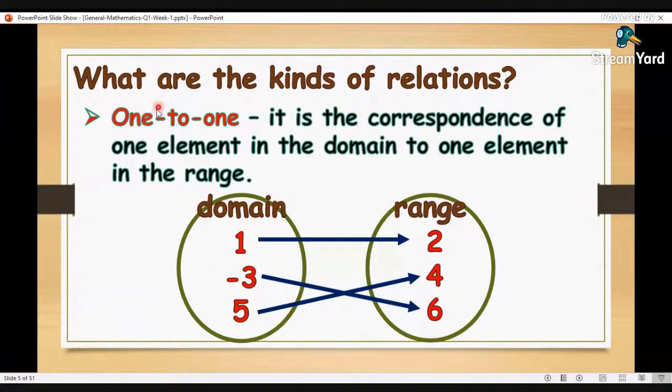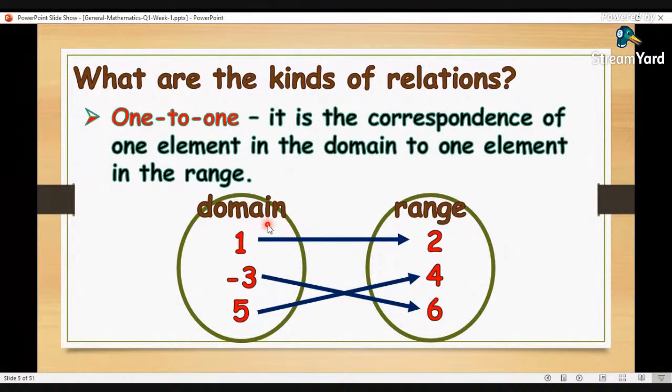So what are the kinds of relations? First kind of relation is one-to-one. It is the correspondence of one element in the domain to one element in the range. Try to observe this figure below.